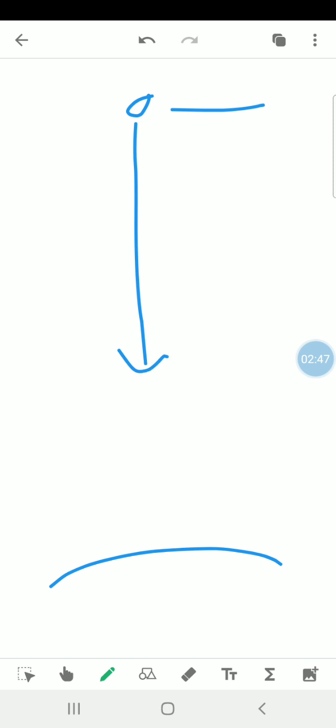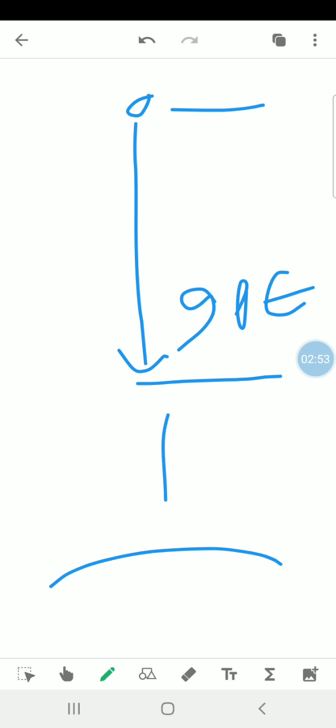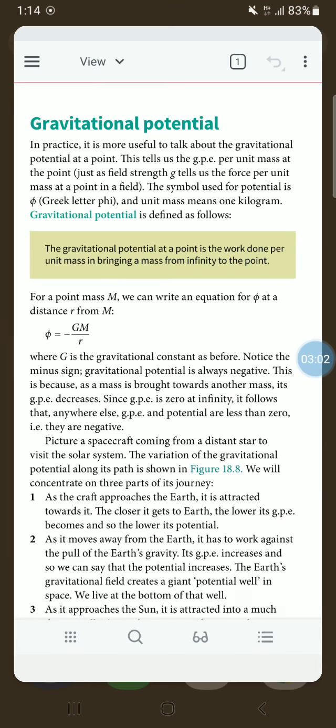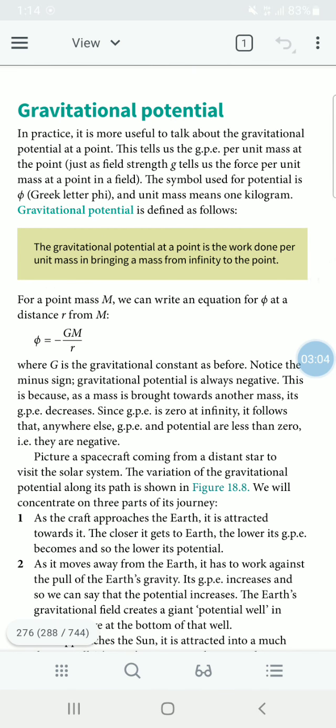When it is brought to this level, GPE decreases because the height is decreasing. Originally the height was from here to here, but now it has decreased. As a result, it is going to be negative. Since GPE is 0 at infinity, it follows that anywhere else GPE and potential are less than 0. That is, they are always negative.